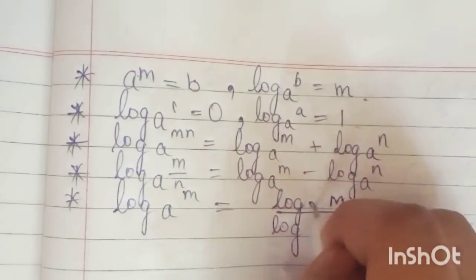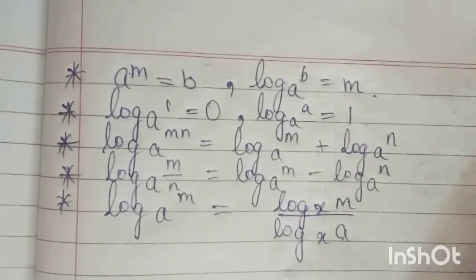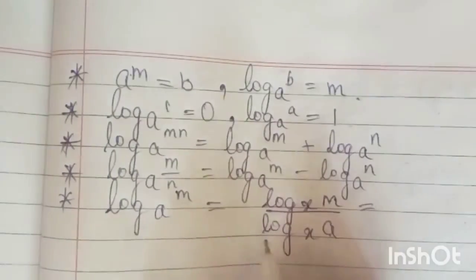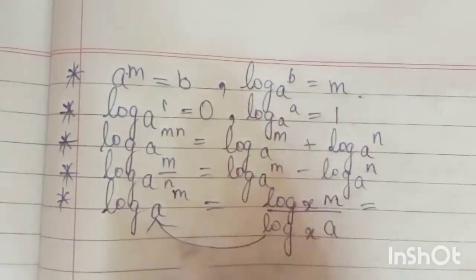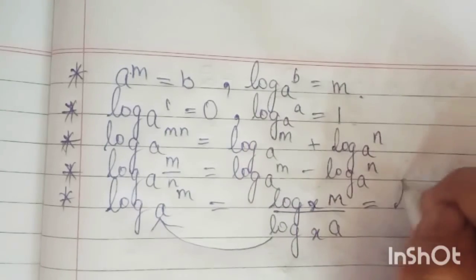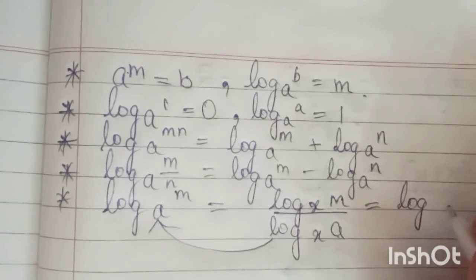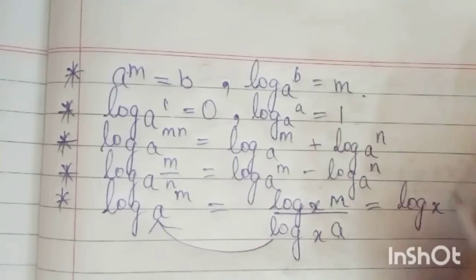And I will put my favorite base. Then I will take this side and multiply. If I multiply, I will get log m to the base x.